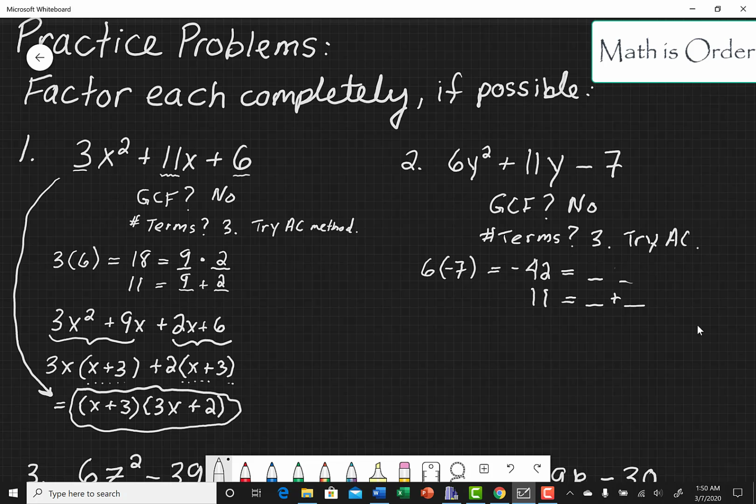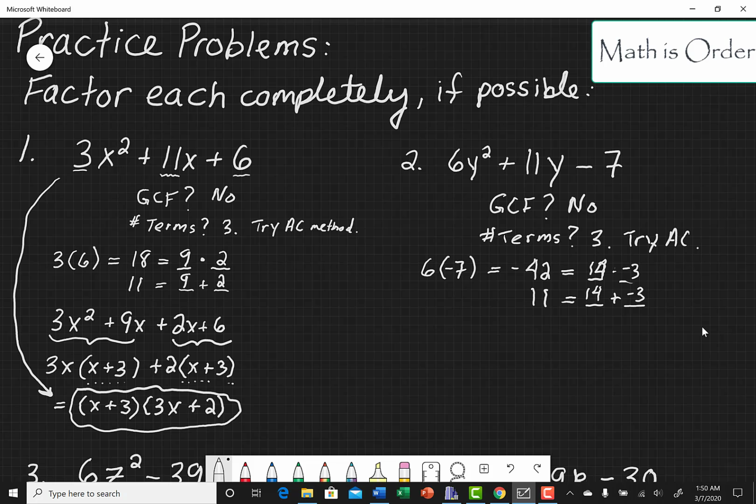Okay, 14 times -3 will work. Right, 14 and -3 will work. It'll multiply to give -42, and these two numbers will add up to give positive 11.